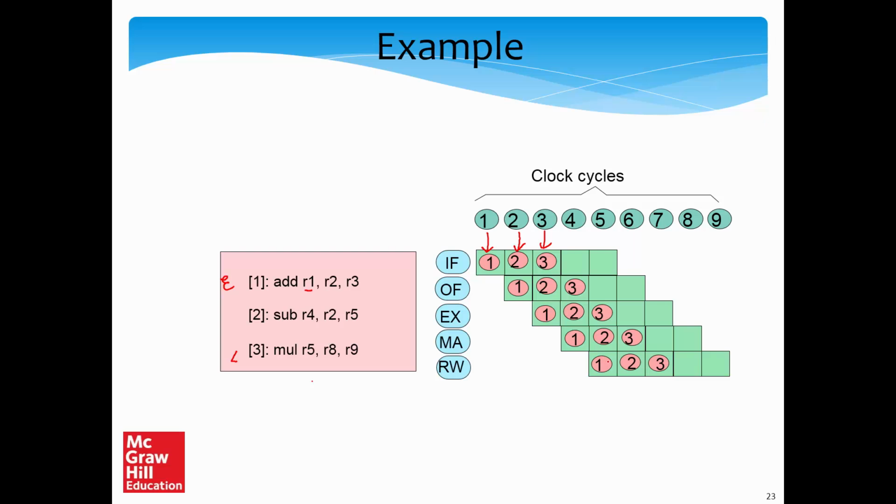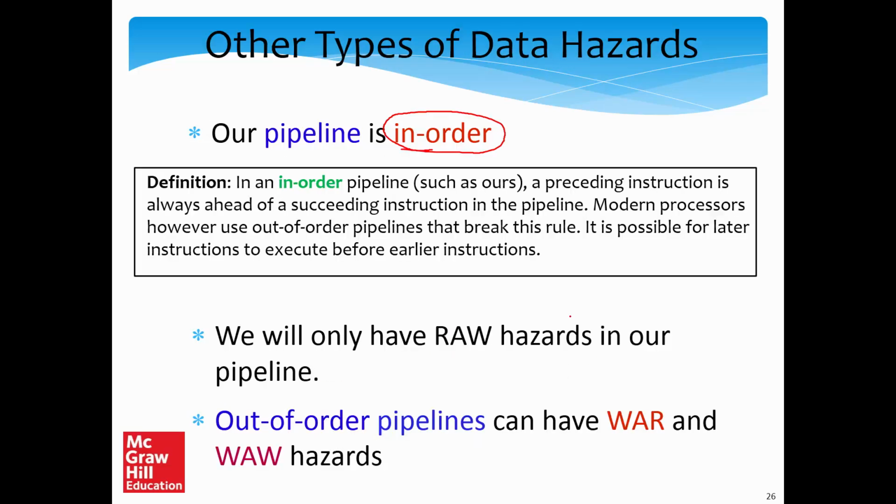It's ahead in the pipeline, right? And a later instruction, such as instruction 3, will always be behind instructions 1 and 2 in the pipeline. It is never allowed to overtake. This property is called an in-order pipeline.